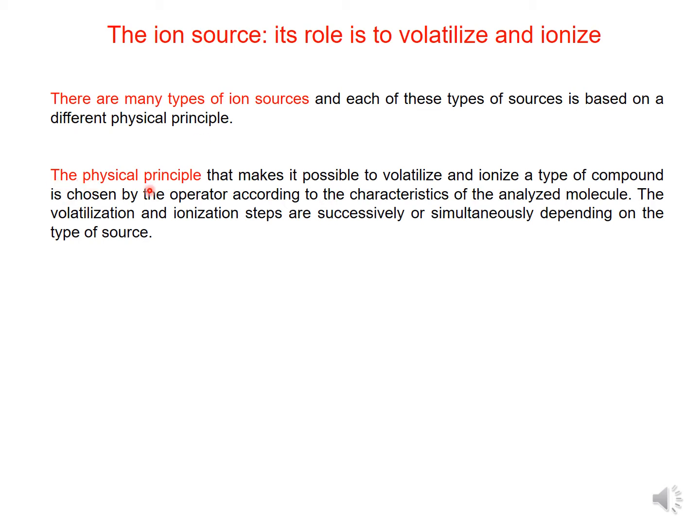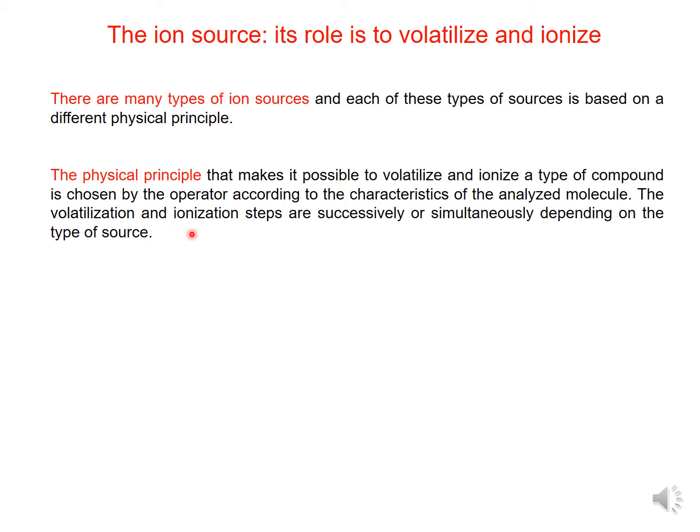The physical principle that makes it possible to volatilize and ionize a type of compound is chosen by the operator according to the characteristics of the analyzed molecule. So it is your choice to work with the different types of ion source. You have to find a good ion source depending on your molecules.